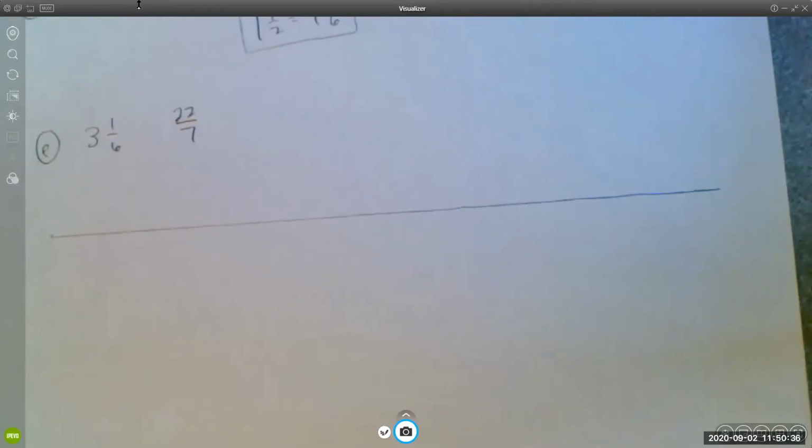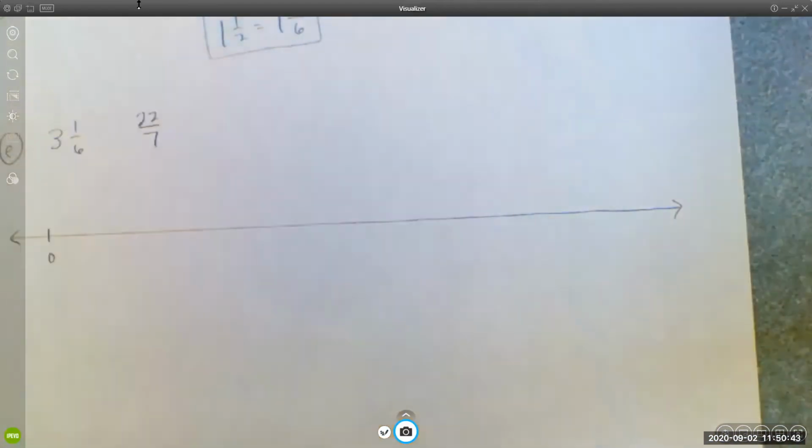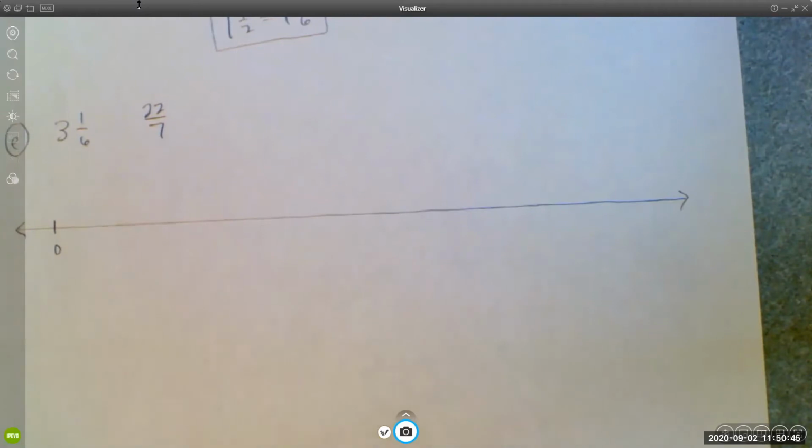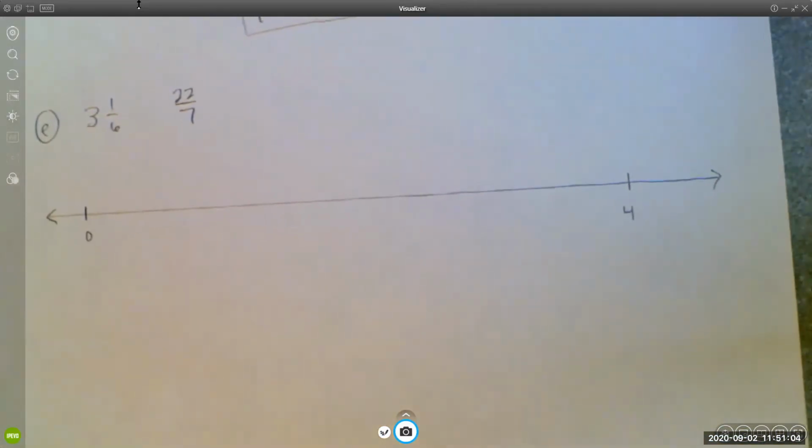But anyway, there's my number line. I'm going to call this 0. And 3 1/6. I also know that 7 goes into 22 3 times with a little bit left over. So I have a feeling I should probably go out to 4 so that I can accurately get both of those numbers on there.